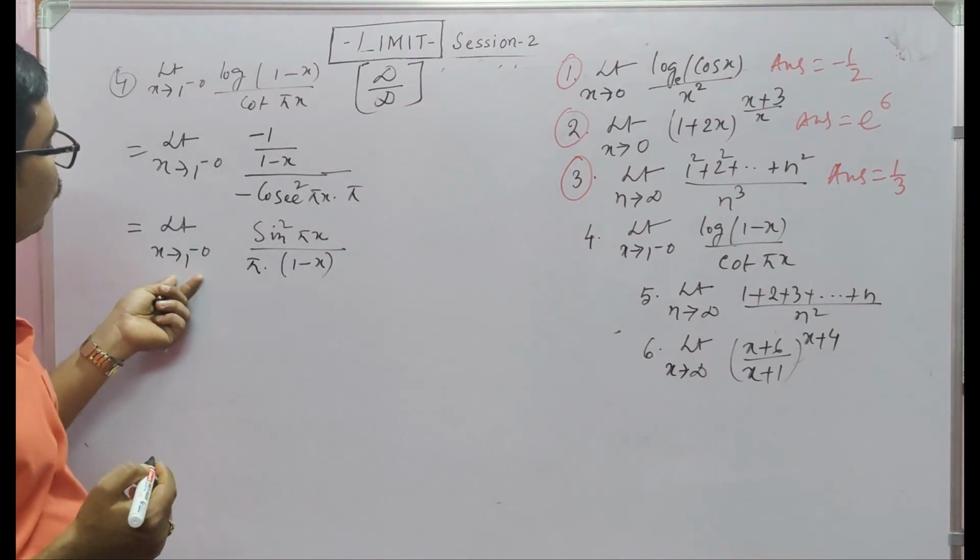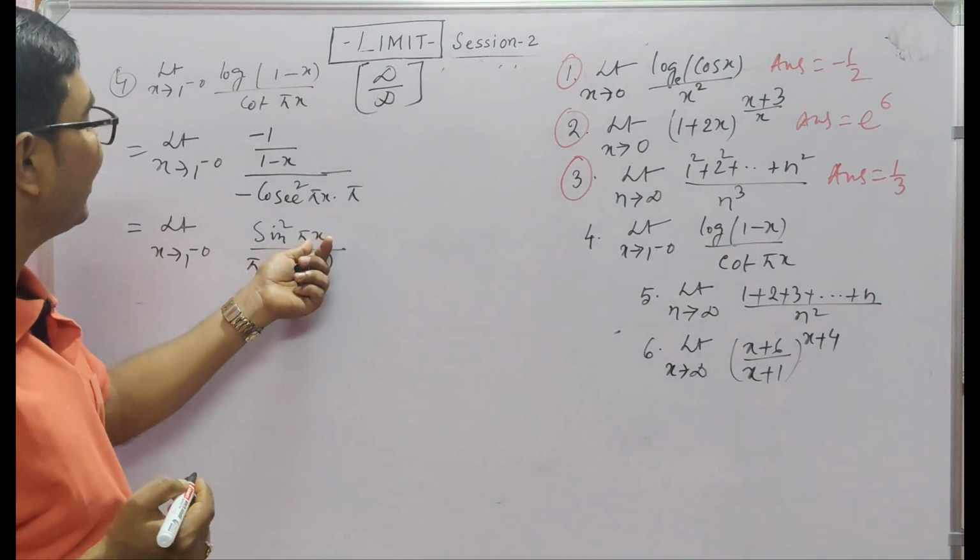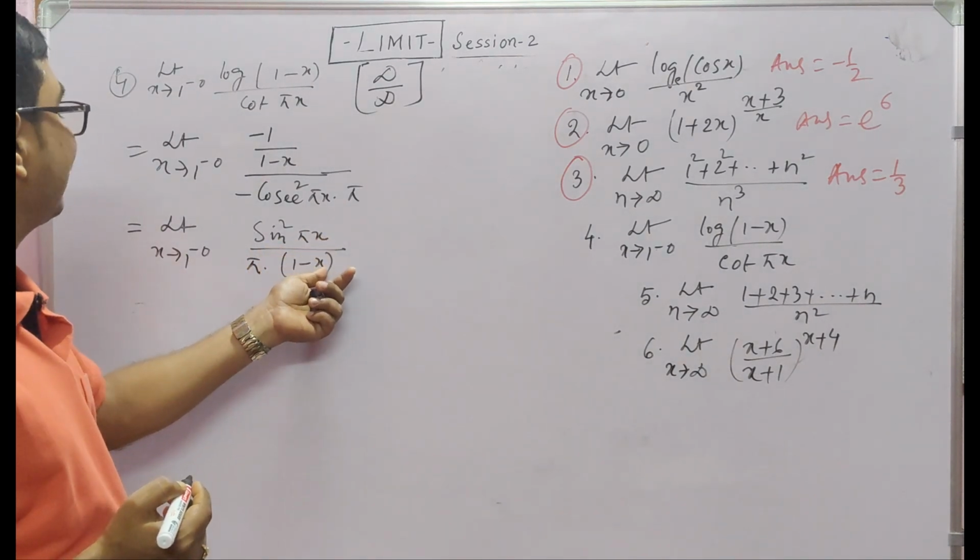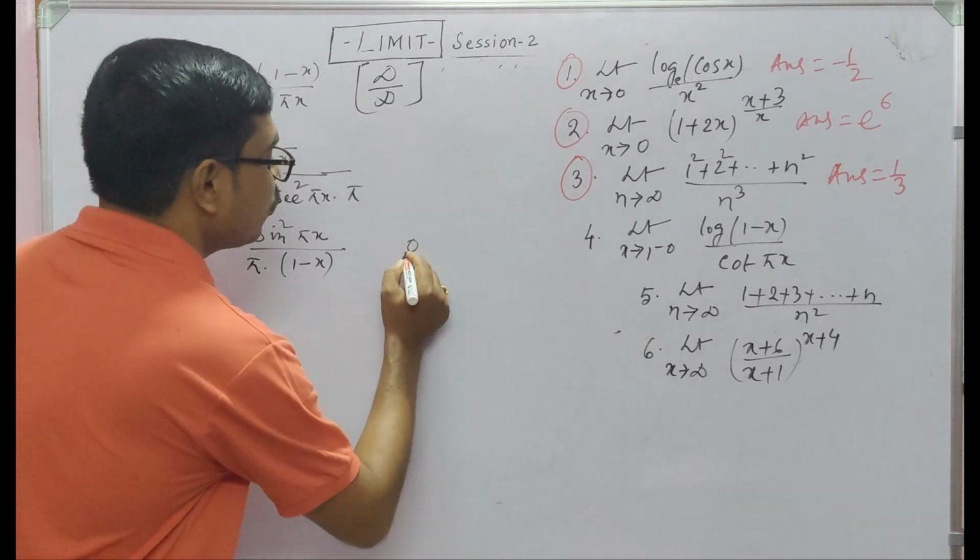Again put x equal to 1: sin pi is 0 and 1 minus 1 is 0, so the form is 0 by 0.